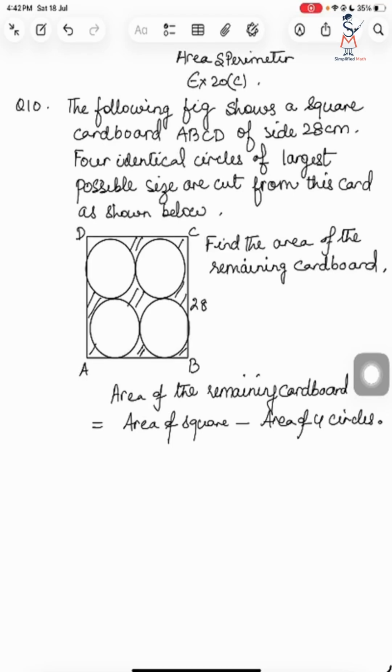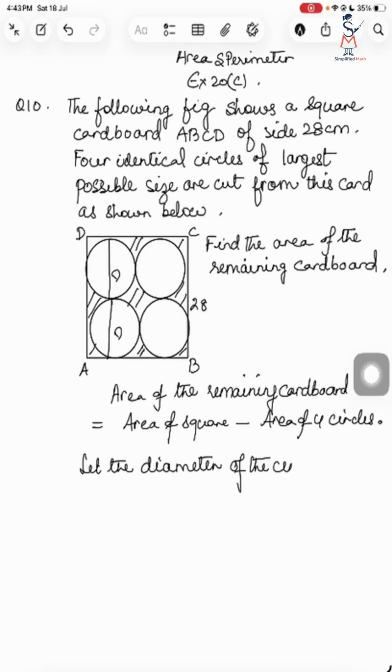Now we know these are identical circles, so let the diameter of the circle be D. Now we know that as they are the maximum, the largest possible size are cut, and there are 4 in number.